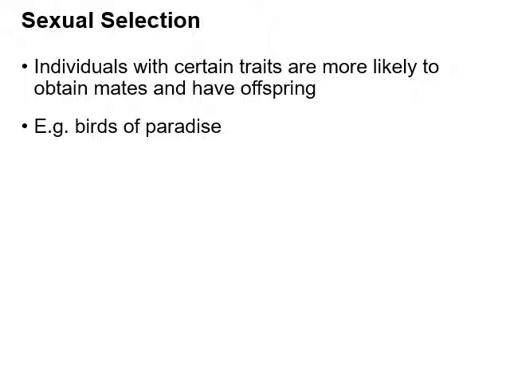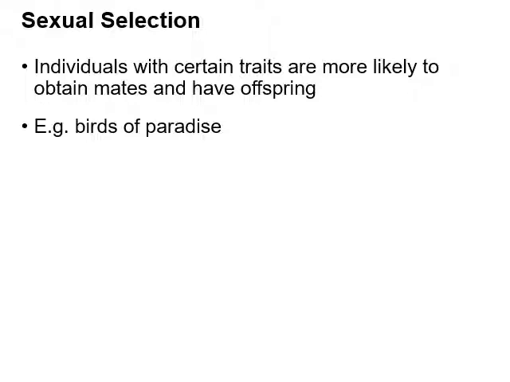And there is absolutely no better example of this than the birds of paradise that one finds in Papua New Guinea. So I will put up some videos in the course module of birds of paradise doing elaborate things in order to attract mates.